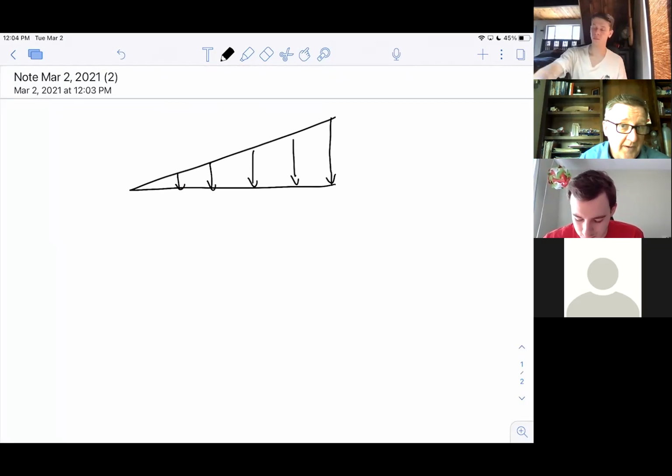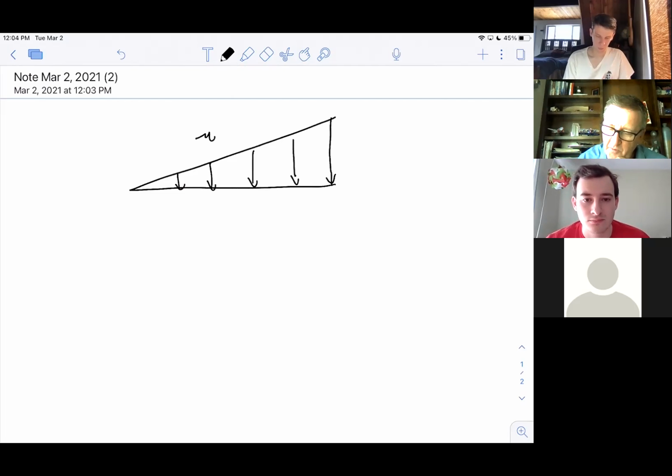And since it's triangular, that means its equation is equal to its slope. So let's give this a name. So I'm going to call this capital W for weight. So we'll say this is in pounds per foot.